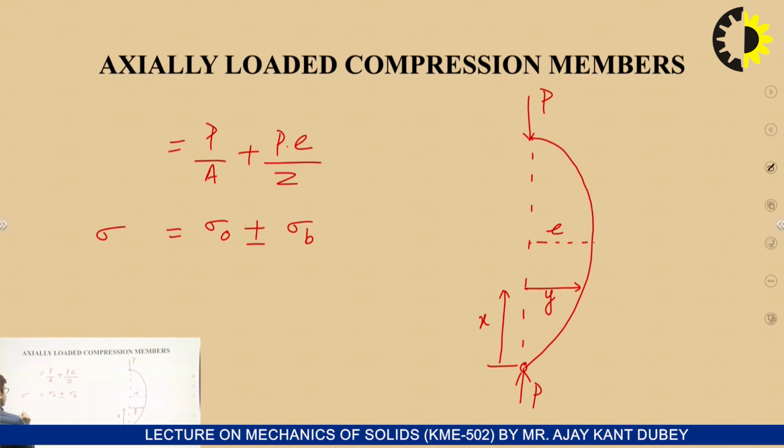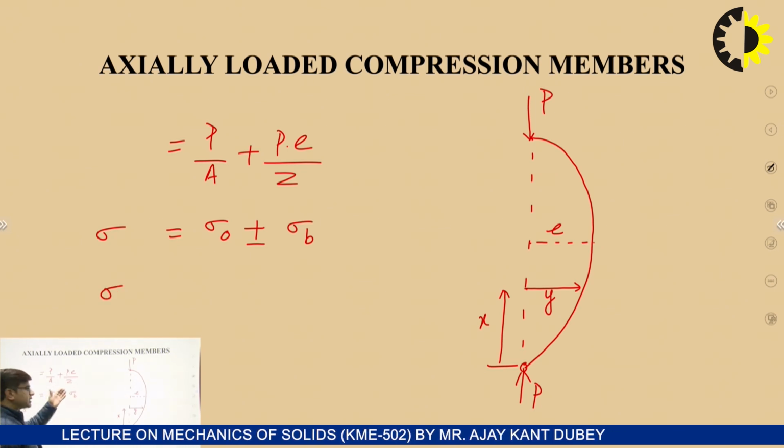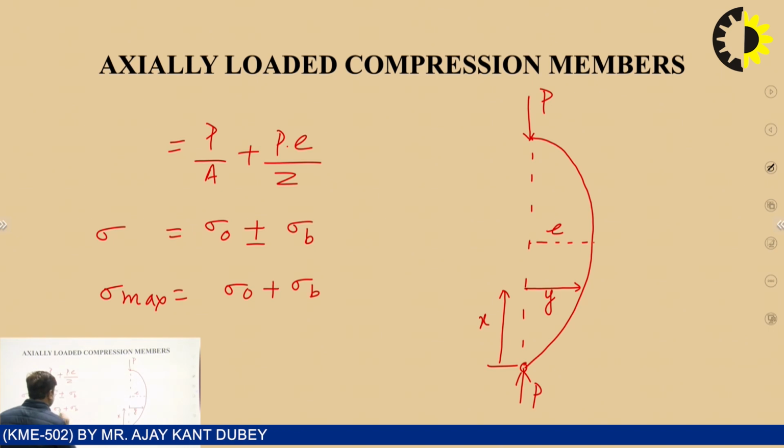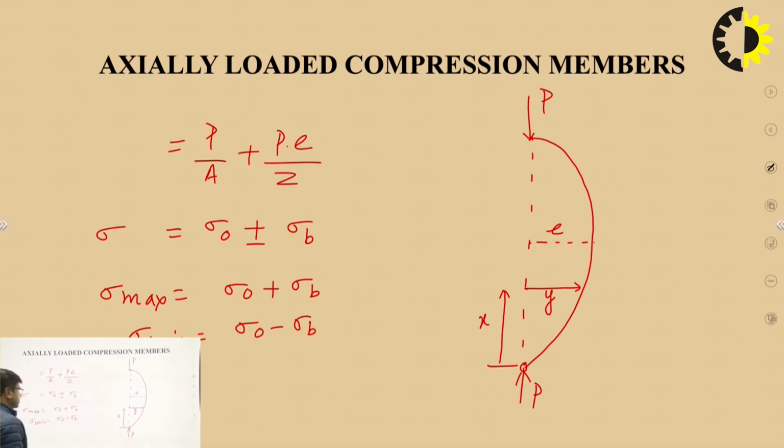Say this is sigma. So here if I consider the positive sign, I will find sigma max, that is sigma naught plus sigma b, and sigma min equal to sigma naught minus sigma b.